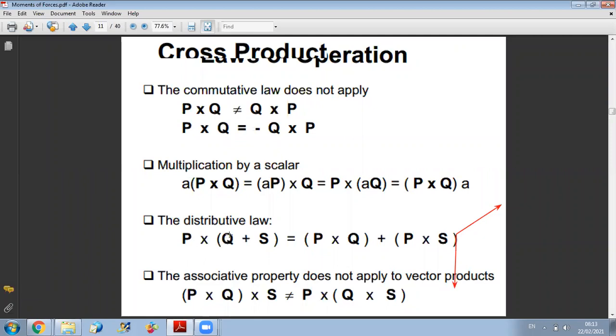So it's P vectorial Q plus P vectorial S. And finally, when I have brackets and vectorial product, I should respect the order, because (P vectorial Q) vectorial S is different than P vectorial (Q vectorial S). So whenever I have brackets and vectorial product, I should respect the order given.